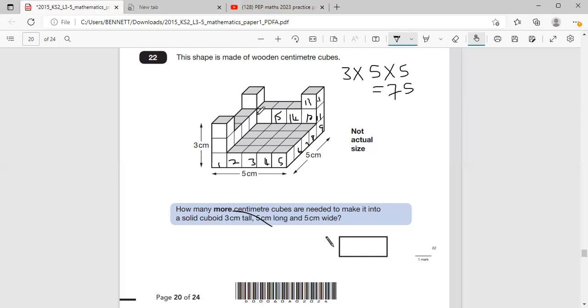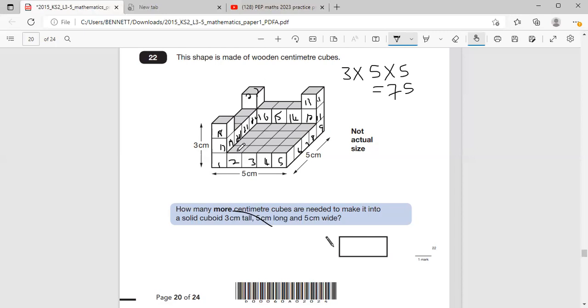Bear with me, guys. 16. This and this are the same. So this is 17. This makes 18. Alright, so 19, 20, 21, 22. So this now would make 23.